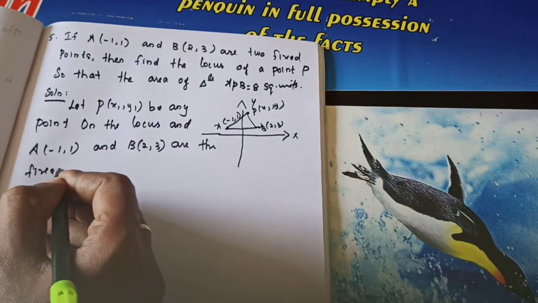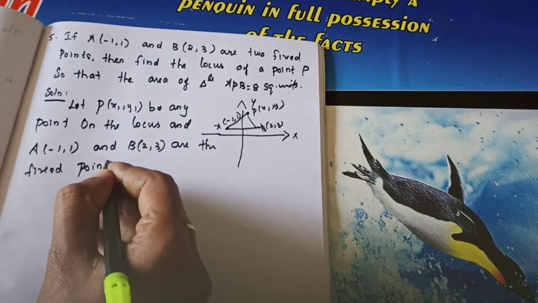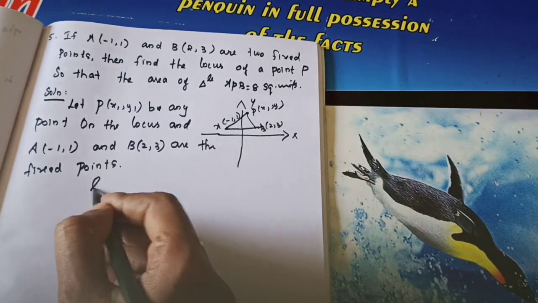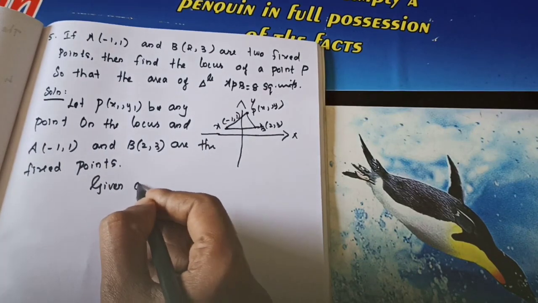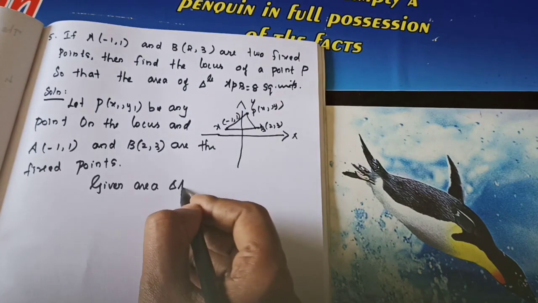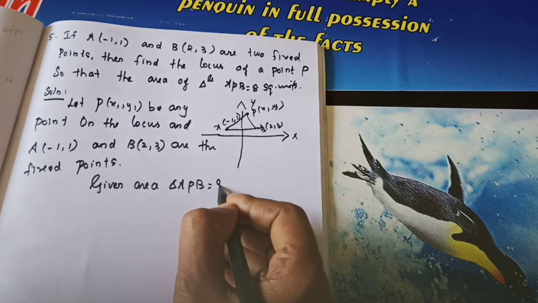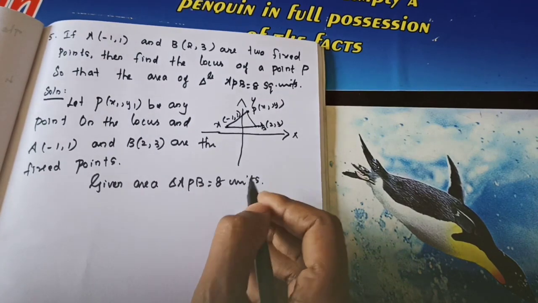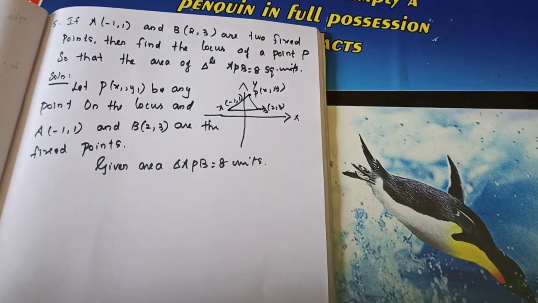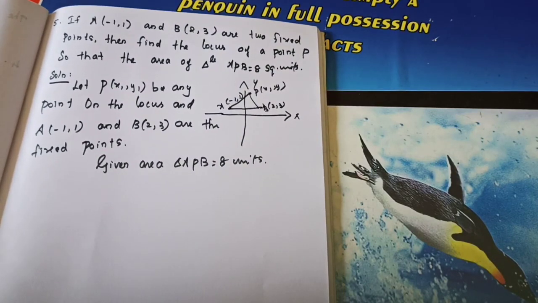What is the given area? It is given that the area of triangle APB is 8 units. We are going to substitute that. You learned the formula last year; I am not going to confuse you. The same formula we will use here.